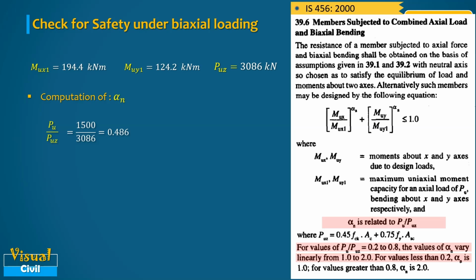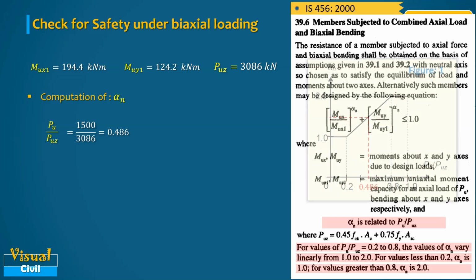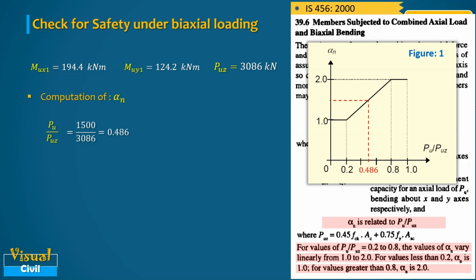For the values less than 0.2, alpha n is equal to 1. And for values greater than 0.8, alpha n is 2. The values of alpha n with respect to Pu by Puz is given in graphical format in figure 1.